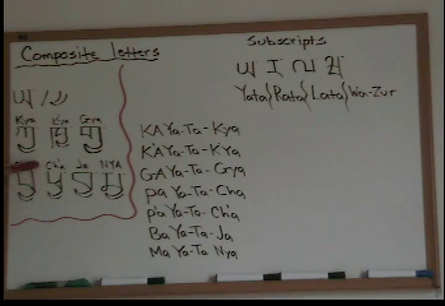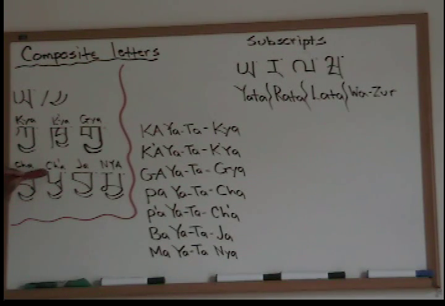This composite is pronounced as cha. But keep in mind, when you spell it, it will still be pa, yata, and then you sound out the whole spelling: pa, yata, cha.